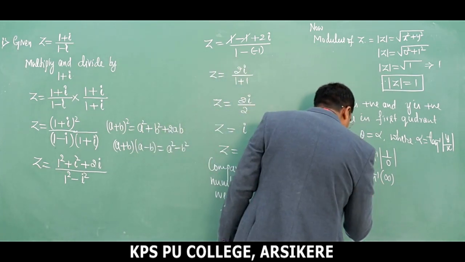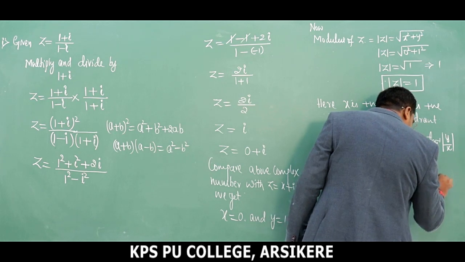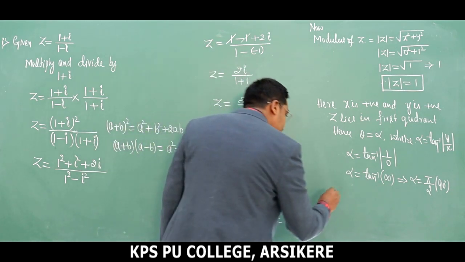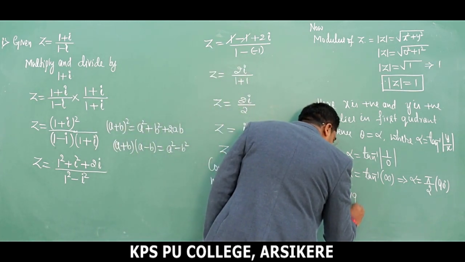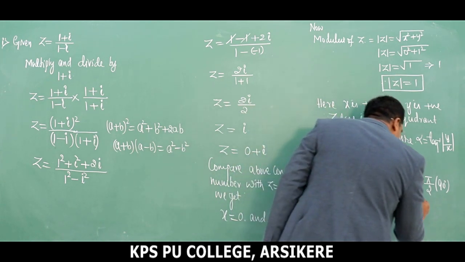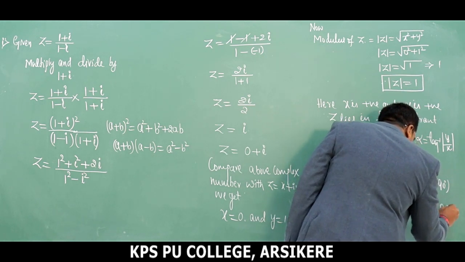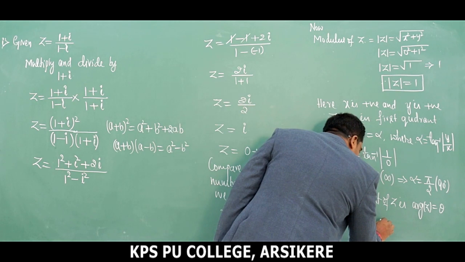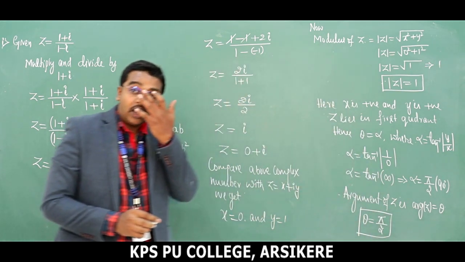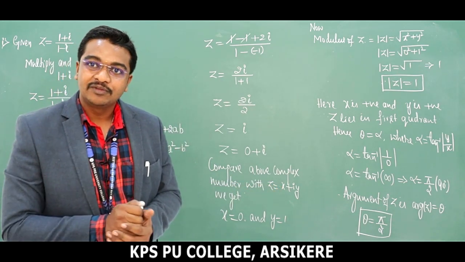Which implies alpha is equal to pi by 2 or 90 degree. Therefore argument of z, or theta, is equal to pi divided by 2. This is our required argument. Clear?